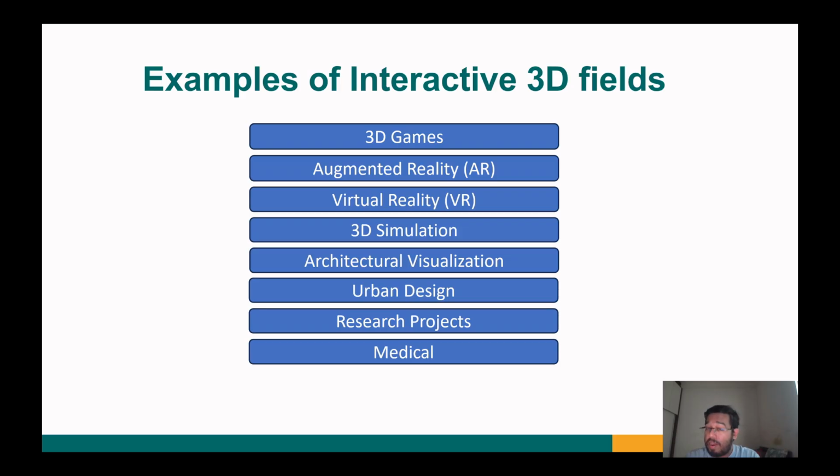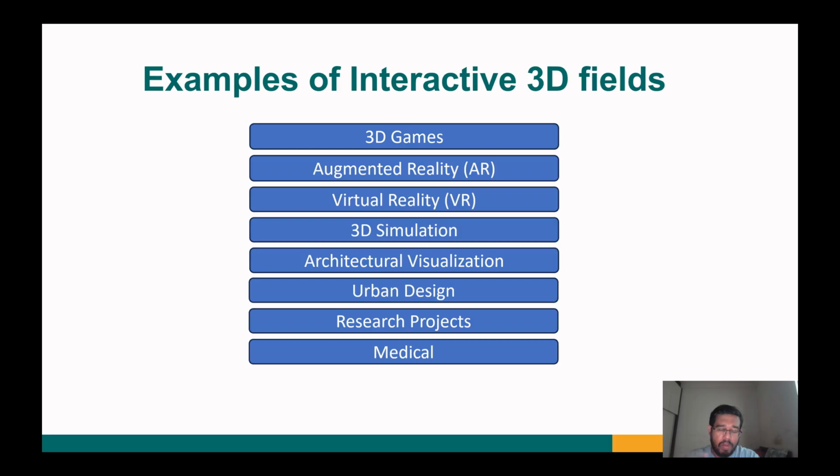Architectural visualization, obviously everybody knows that in the 3D industry, like the typical renderings and fly-through animations. There are very good possibilities in architectural visualization for this sort of interactivity. You can move around, rotate, zoom in and zoom out.